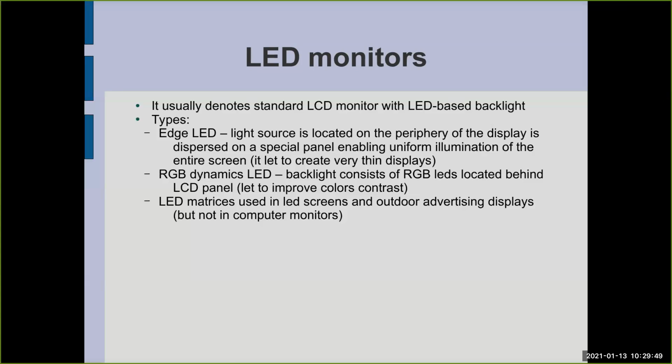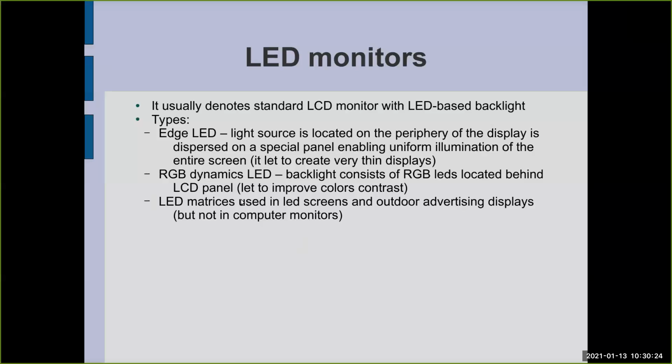So we are not able to turn off every pixel, but we can turn off part of the image. In this case, the black is more black, let's say. When we turn off the backlight in a particular region, it seems to be true black, not gray, like for most LCDs. But still, we have a liquid crystal layer, polarizers, and so on.